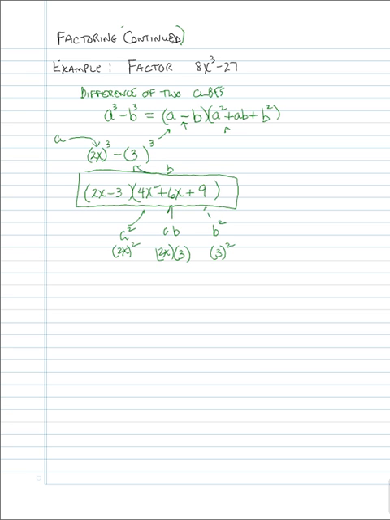I'm going to call it factoring special forms, but I'm going to do that in a separate session altogether. So I think I'll pause or stop this session, and we'll start up with another group of factoring techniques.